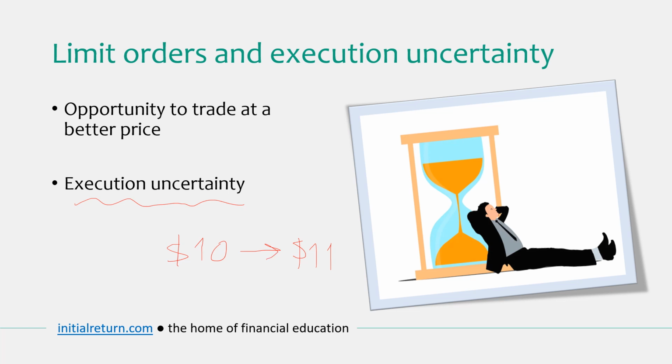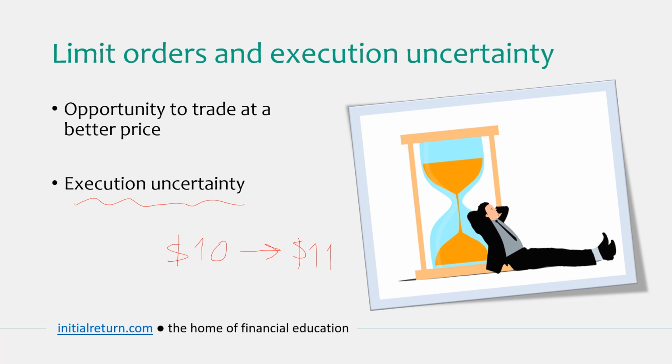So what you can do in that case is submit a limit order with a price of $11. And then you are supplying liquidity to the market, right? But what you don't know is when this order will be executed. You hope that it will be soon, which may be the case, especially if you submit a price close to the current bid price.